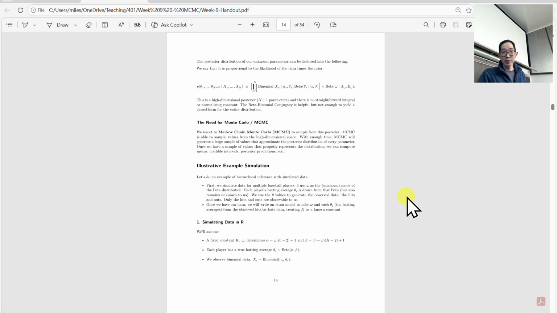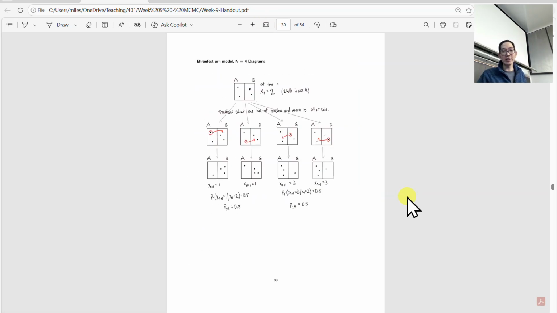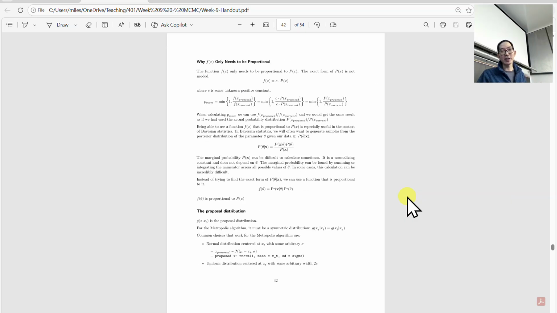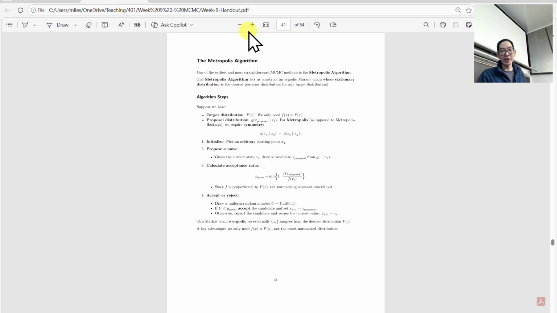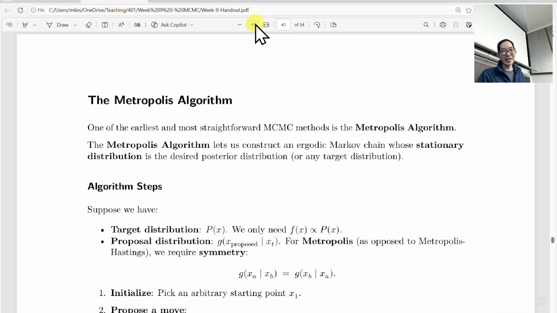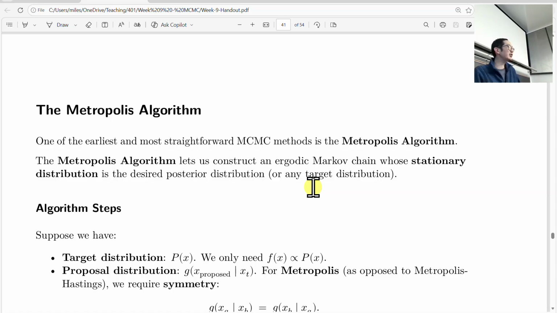So what we're going to do is design a Markov chain so that the stationary distribution of that Markov chain is that weird, complicated distribution. That sounds crazy, right? I didn't even know how to design a Markov chain in the first place, and you're telling me we want to design one so that it looks like this crazy distribution that I don't know how to describe.